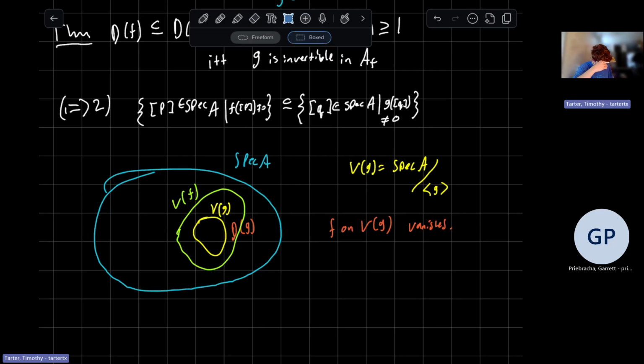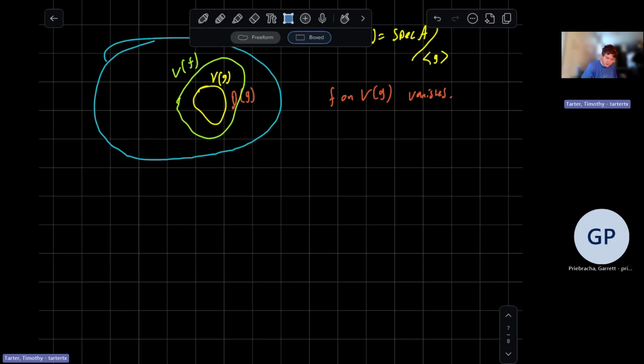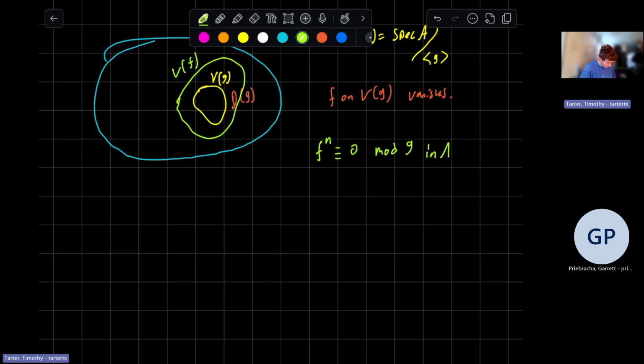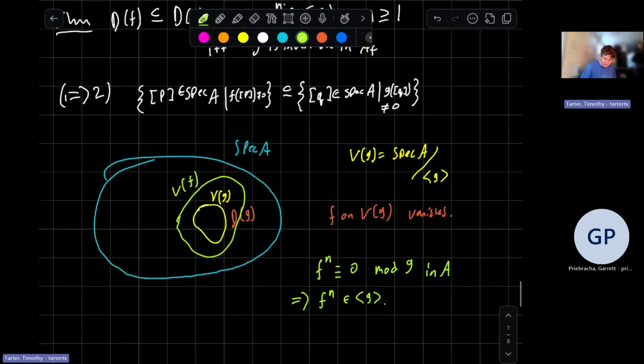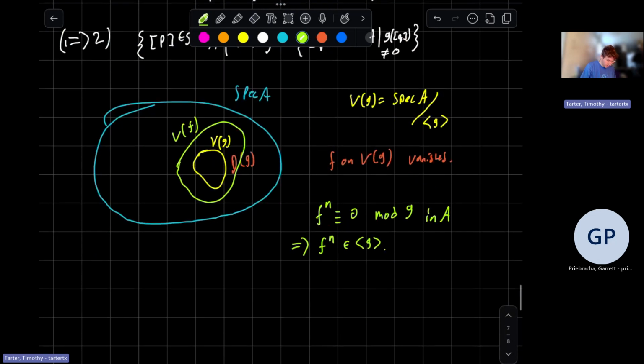In other words, there exists some n such that f to the n equals 0 in A mod g, i.e. f to the n is congruent to 0 mod g in A, i.e. f to the n is in the ideal of g. And that's the first inclusion. Very proof sketch.